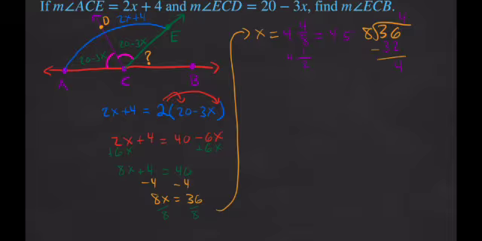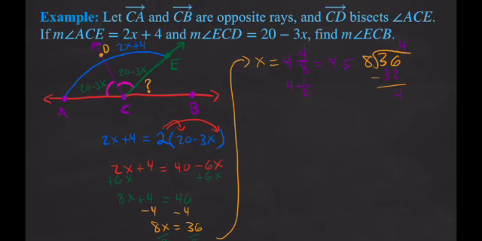That is unfortunately not what we're quite looking for. What we are looking for is the value of the angle ECB. But we don't know anything about ECB because they didn't give us any information. But we do know that the total of ACE is 2x plus 4.